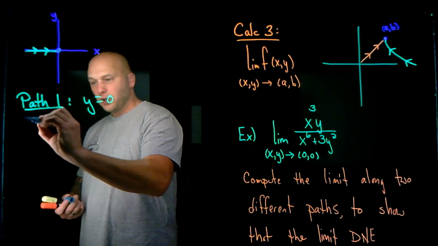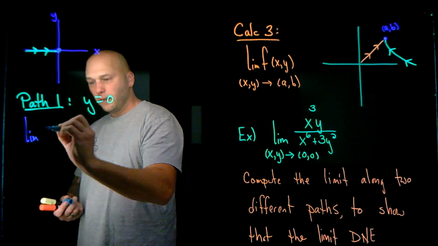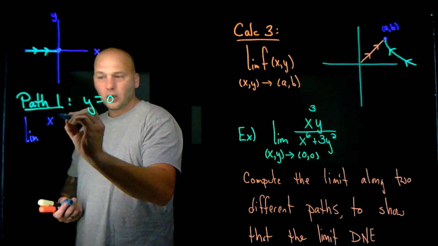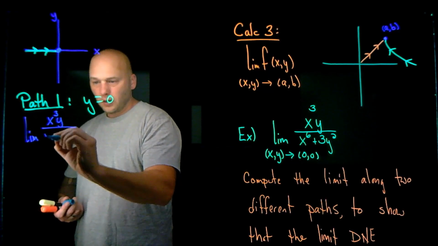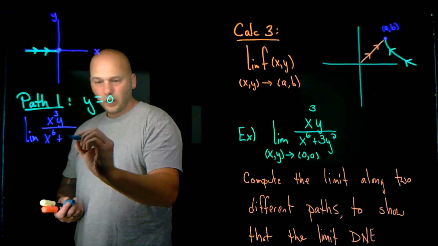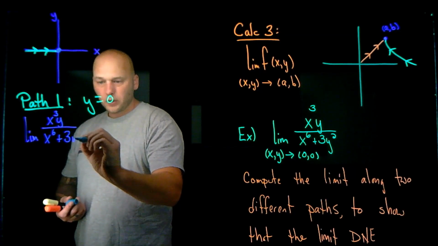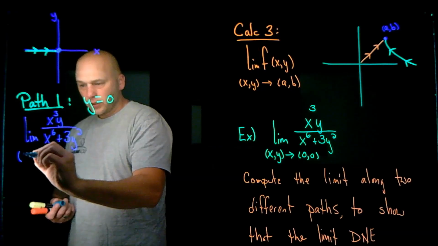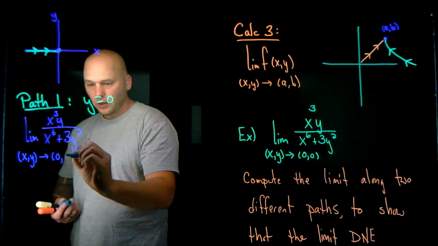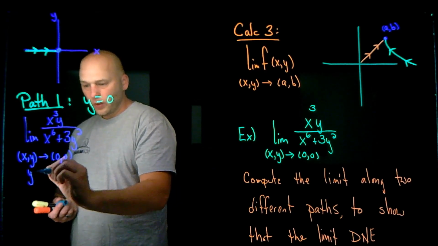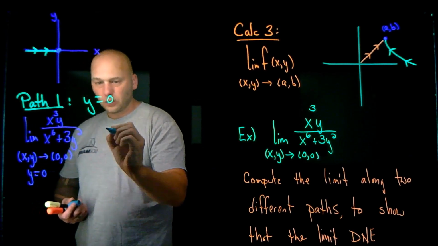So the notation is I'm going to write the limit of x cubed y over x to the 6th plus 3y squared as (x,y) approaches the origin, and I'm going to denote the path underneath, so y equal to 0.